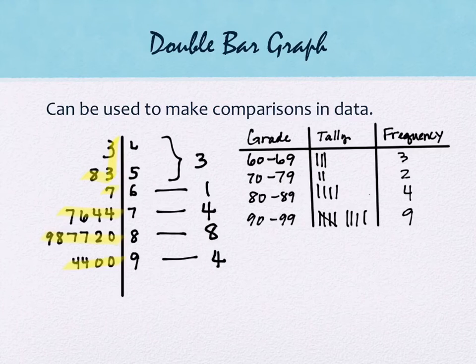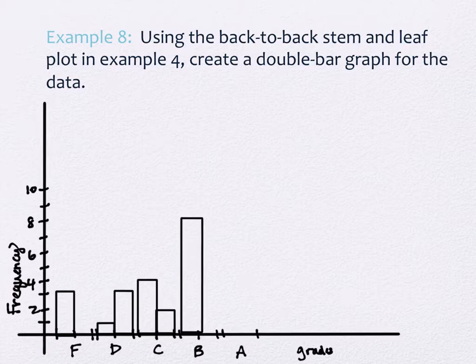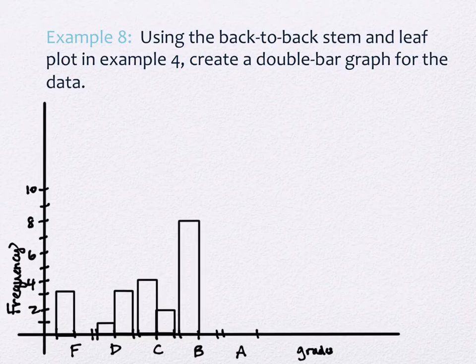In my B range, I have 8 on test 1 and 4 on test 2. So we'll split the B up, and we'll do 8 and 4. You said 8 on this one? Yeah, there were 8 on test 1, and then there's 4 on test 2.